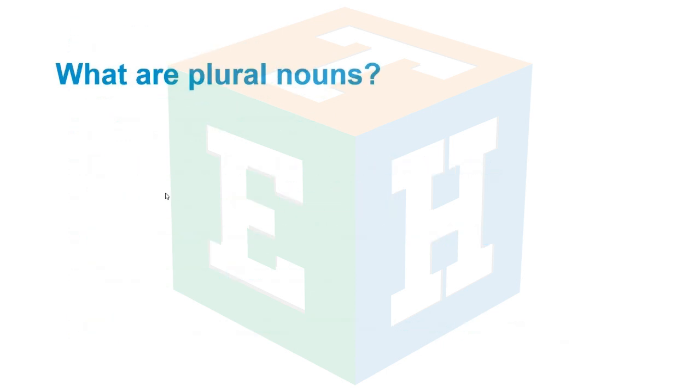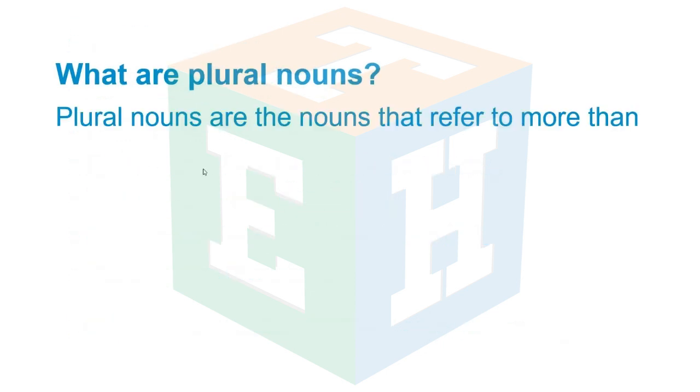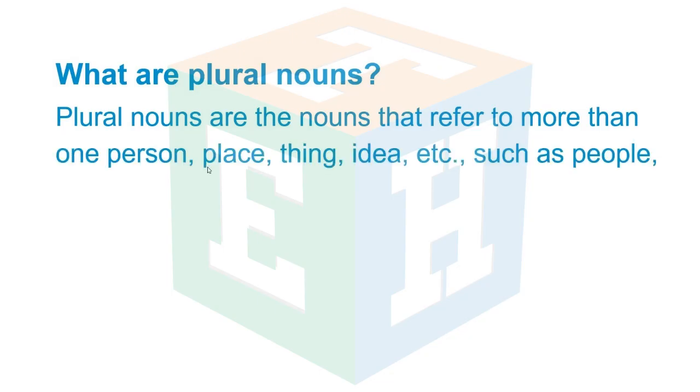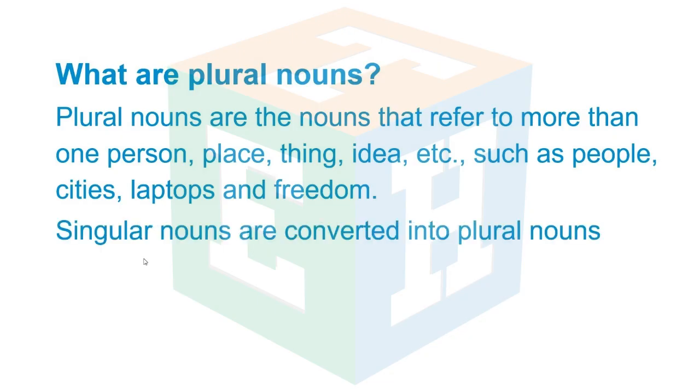What are plural nouns? Plural nouns are nouns that refer to more than one person, place, thing, idea, etc., such as people, cities, laptops, and freedom. Singular nouns are converted into plural nouns using some standard rules.